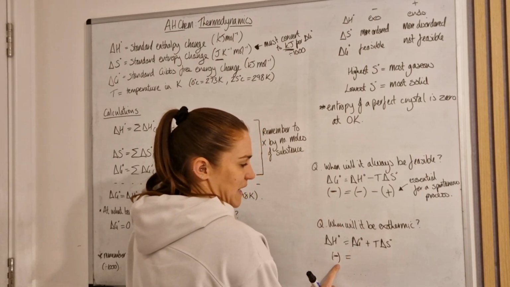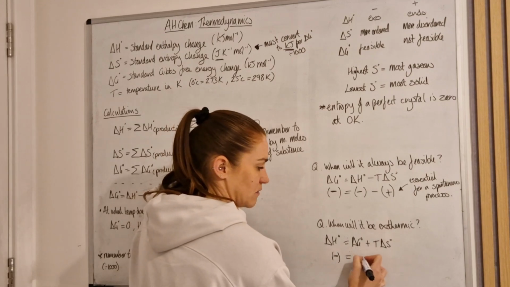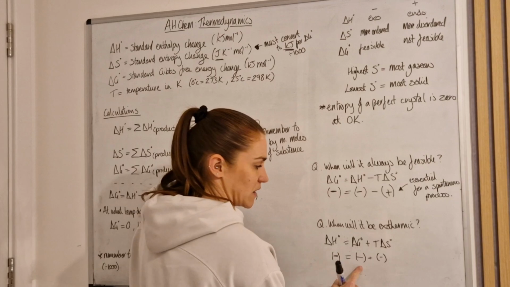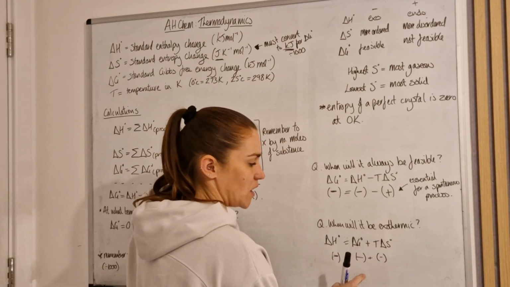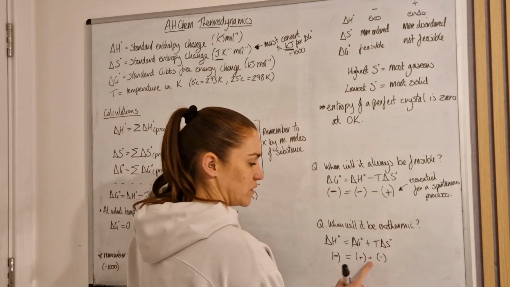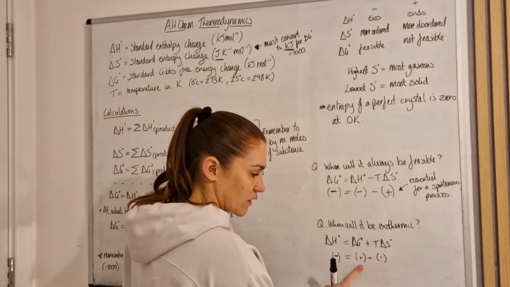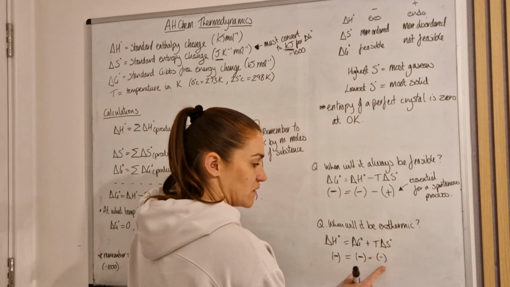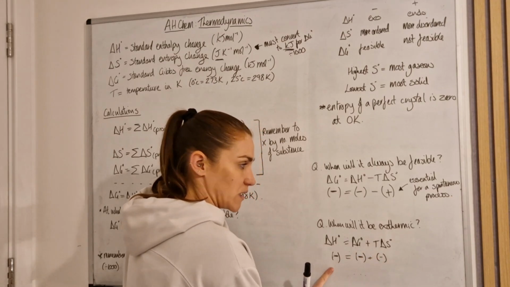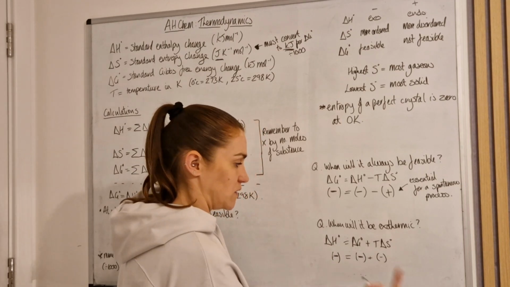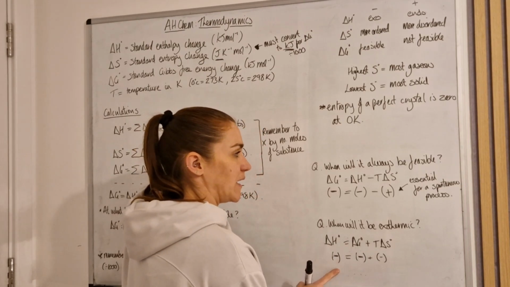So in order for this to be negative, we would need this to be negative and also this to be negative, so that we're adding two negatives. Because if either one of them was positive, we can't say for sure that it's going to end up as negative because we don't know how big this number is, we don't know how big this number is. But if both of them are negative, they would have to add to give you a negative number. Okay, so if delta G and delta S are both negative, then your reaction must be exothermic.